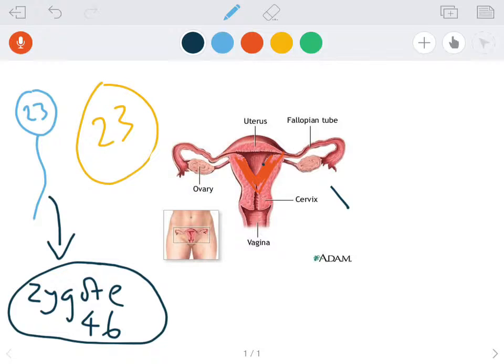But it doesn't always happen that a woman gets pregnant every month. And of course it doesn't. And so sometimes when the egg is released from here, it will travel down the fallopian tube. There's no fertilization. It carries on as an unfertilized egg, and it comes out of the vagina. At the same time as this, the whole system is reset.